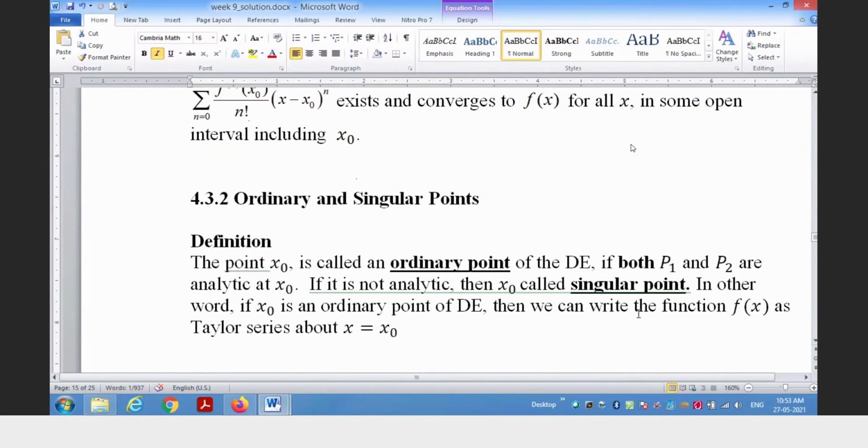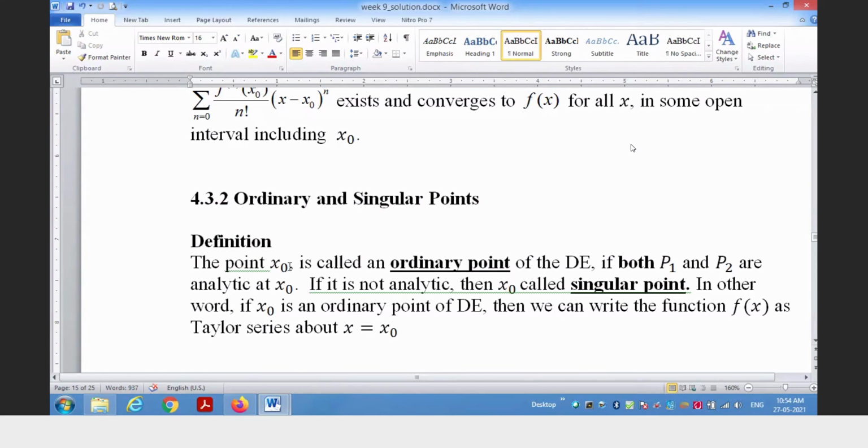The point x naught is an ordinary point of the given differential equation if both P1 and P2 are analytic at x naught. It must be both. If either one is not analytic, then this is no longer an ordinary point.